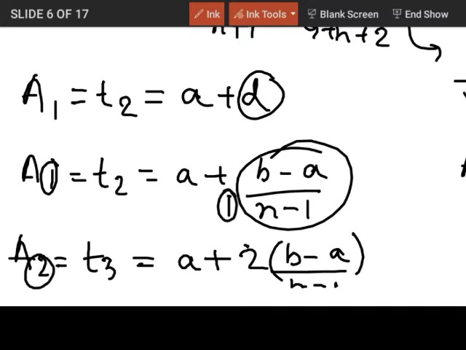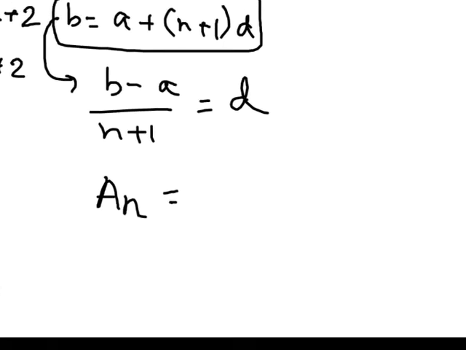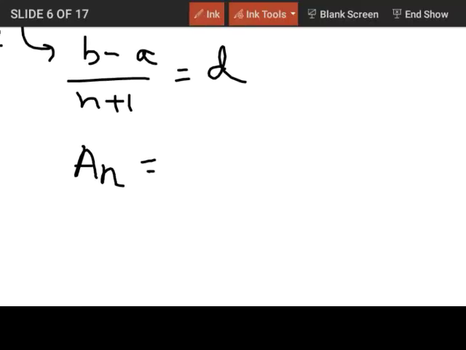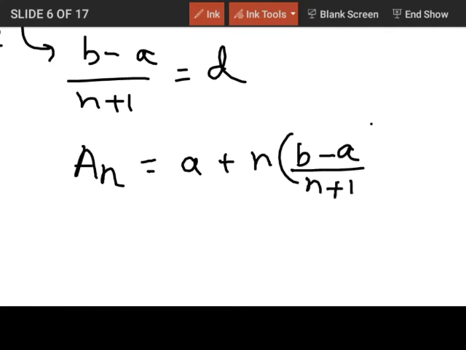Then we asked the second arithmetic mean, so multiplied with 2. So if you ask me the nth arithmetic mean, we will simply write a plus n multiplied by (b minus a) upon (n plus 1).